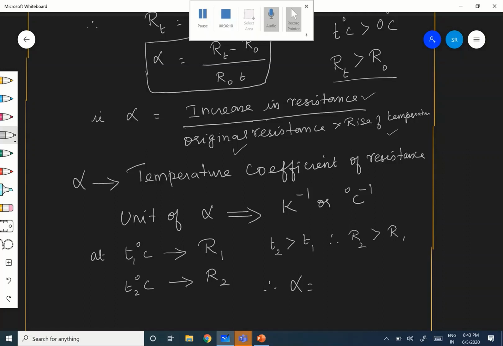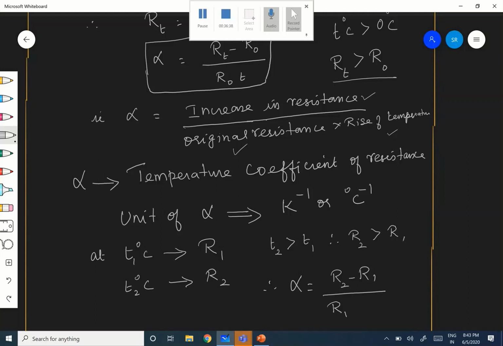So alpha is the increase in resistance, R2 minus R1, divided by the original resistance, R1, because you have taken the resistance at T1 degree as R1. After that, I am increasing the temperature from T1 to T2, and the resistance becomes R2.